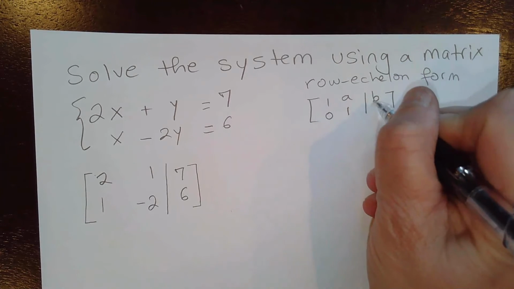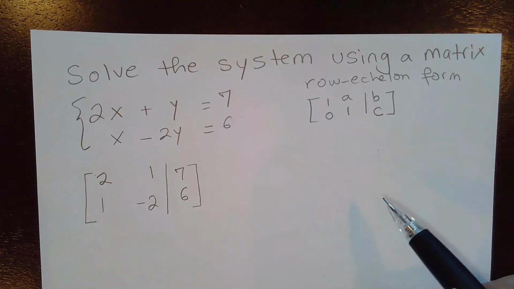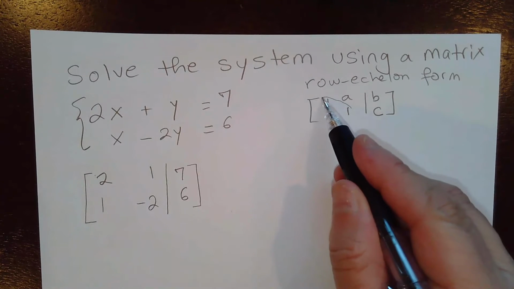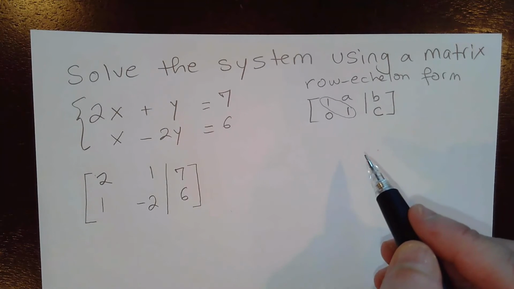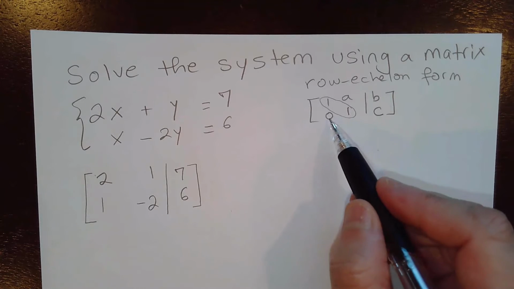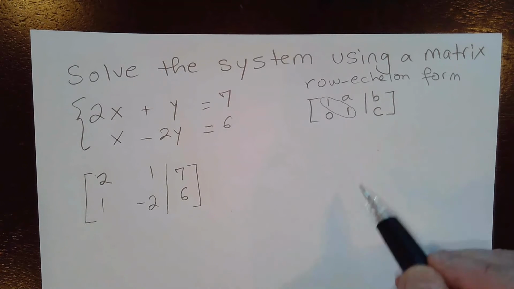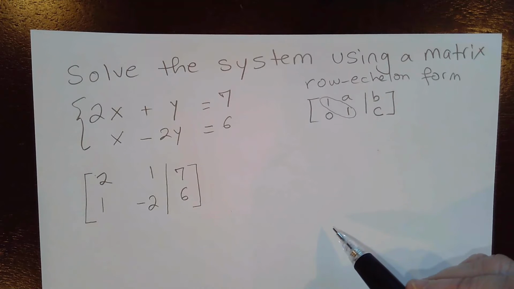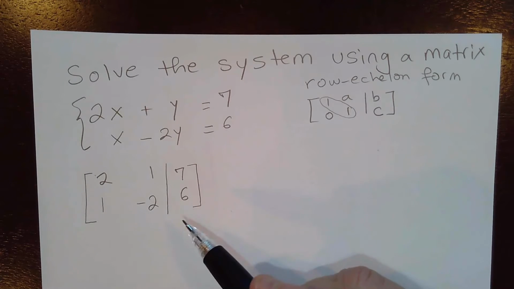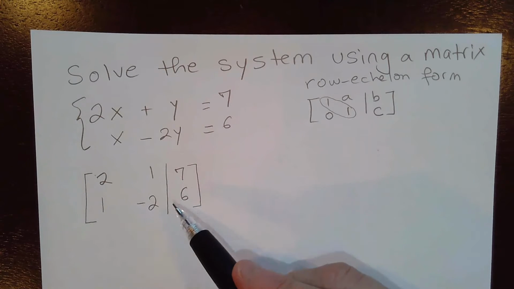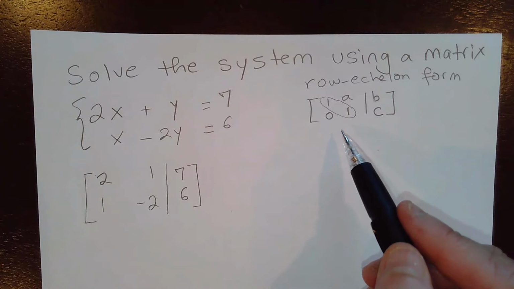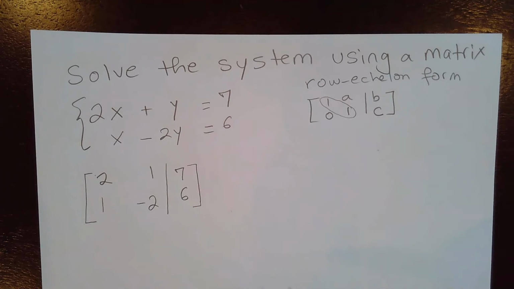And this is an example of a matrix in row-echelon form. Here is the diagonal, consists of 1, and under the diagonal we have 0. A, B, C are real numbers. Now we need to transform this augmented matrix into a matrix that looks like this using row operations. So let's do that.